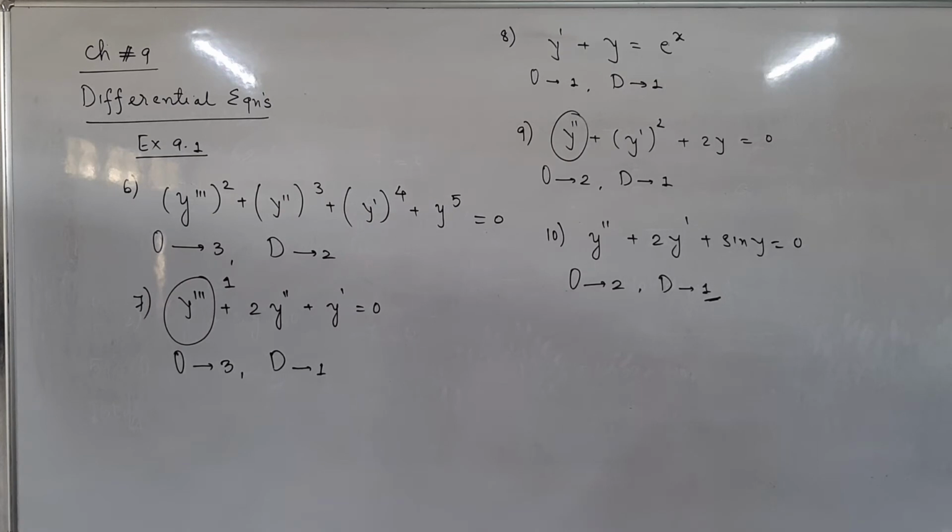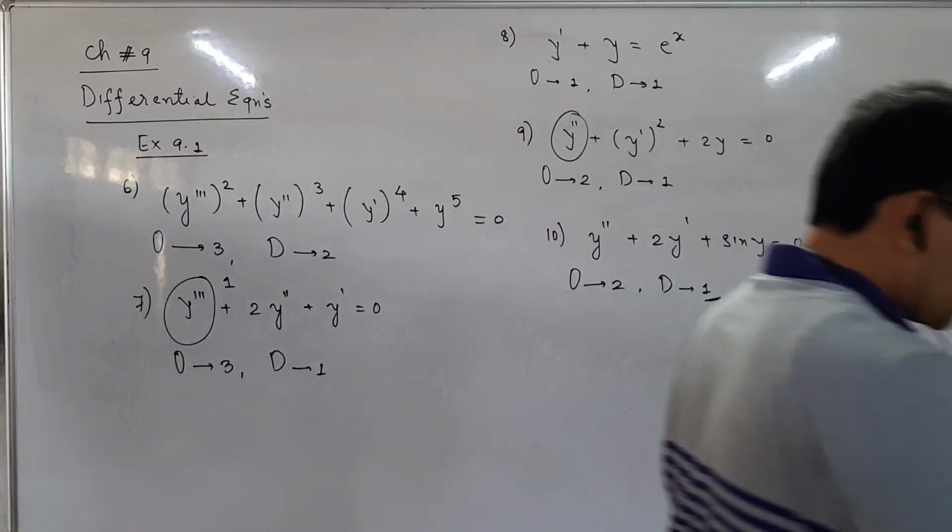In the 12th, the highest order derivative is 2, so the order of differential equation is 2 and its power is 1, so degree is 1. So students, exercise 9.1 was merely an objective based.